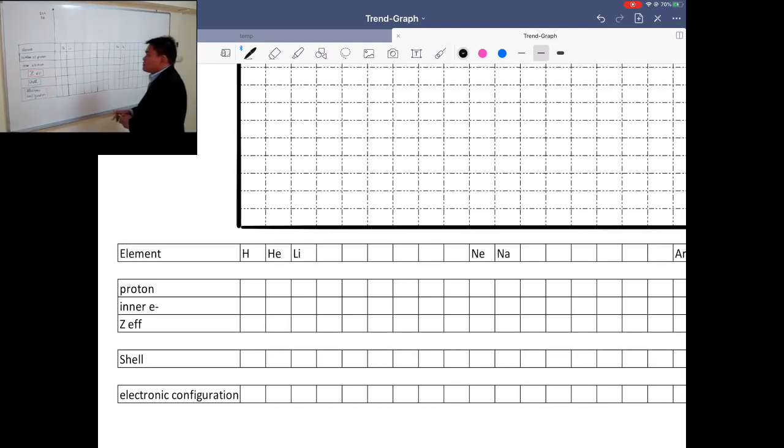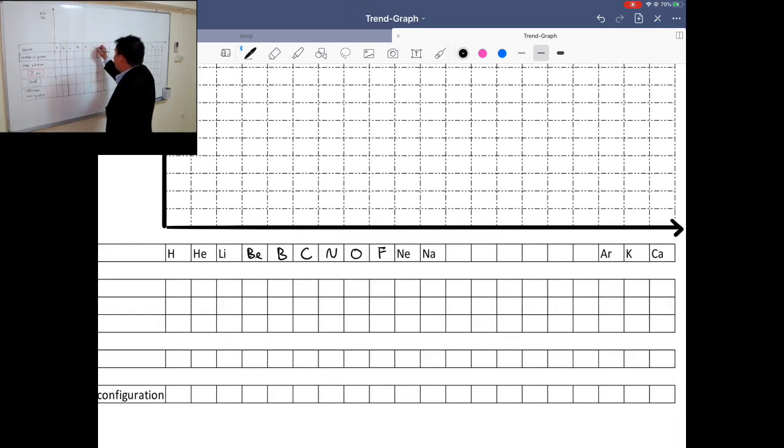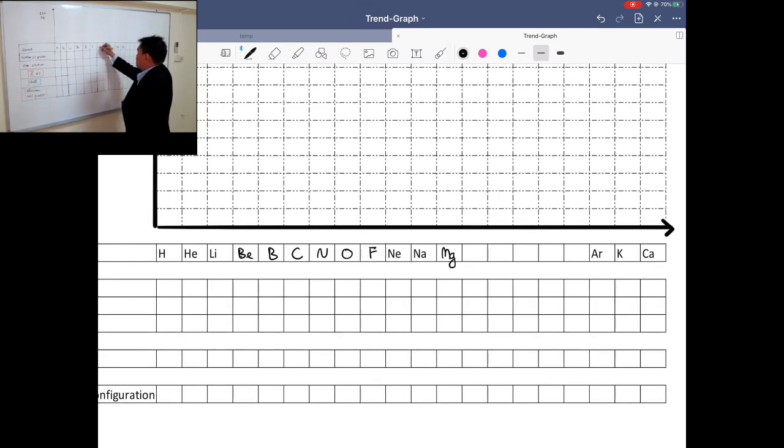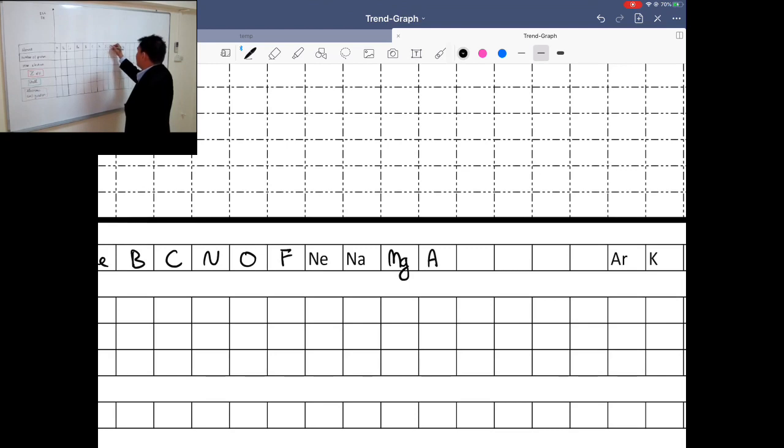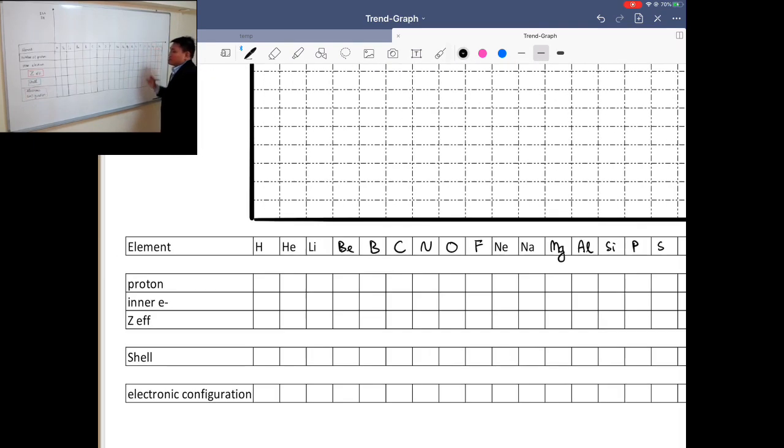The first thing we do is simply fill up all the elements. By now I think you can quickly do that because it's quite easy. Nitrogen, oxygen, fluorine, neon, sodium, magnesium, aluminum, silicon, phosphorus, sulfur, chlorine.